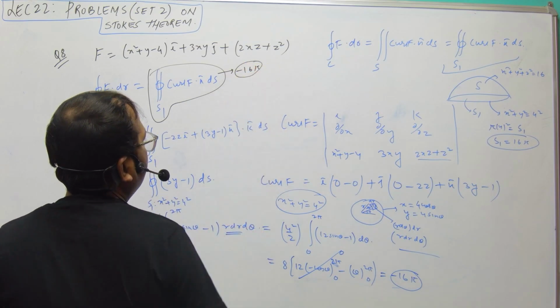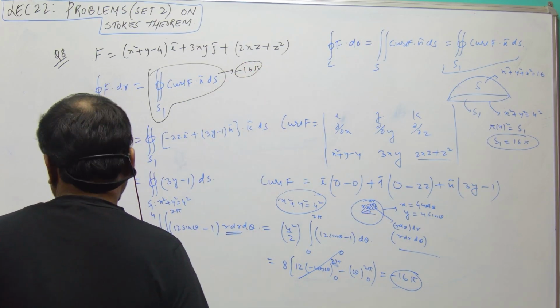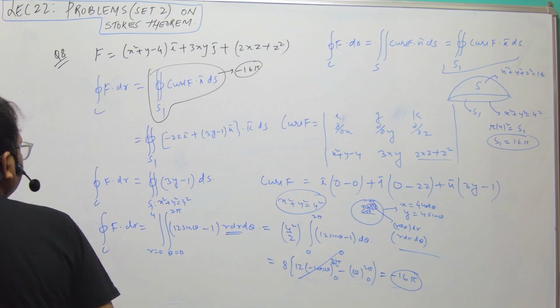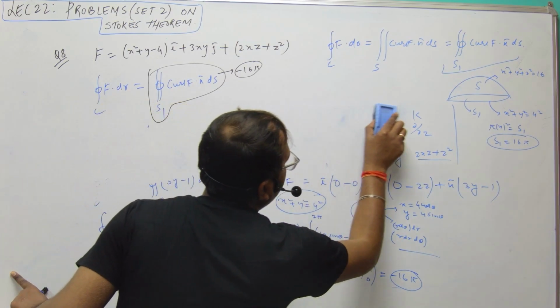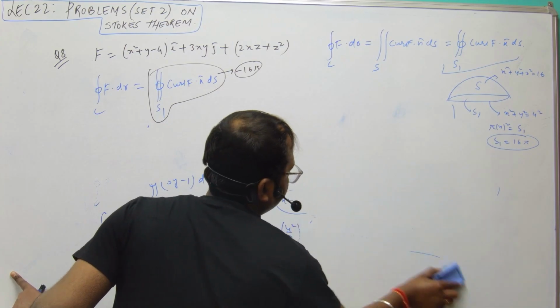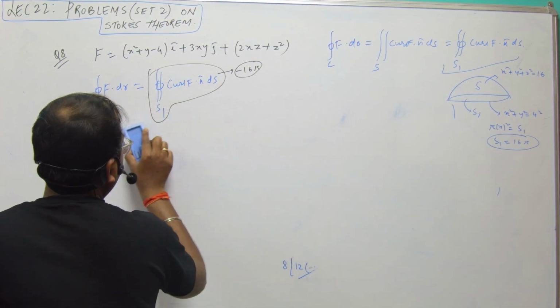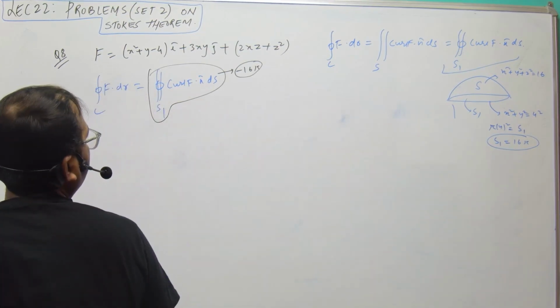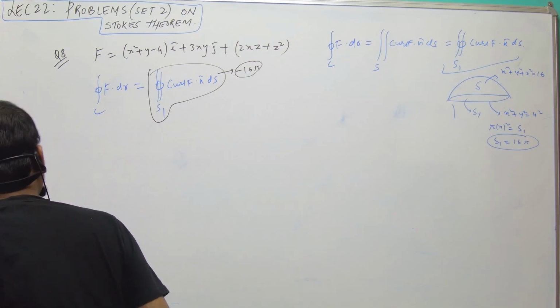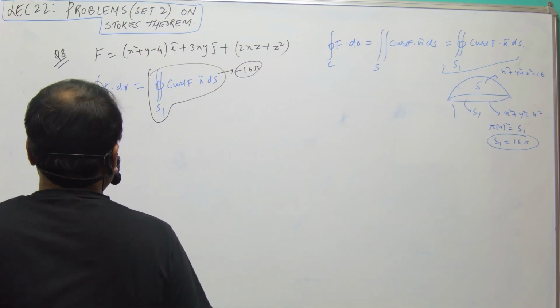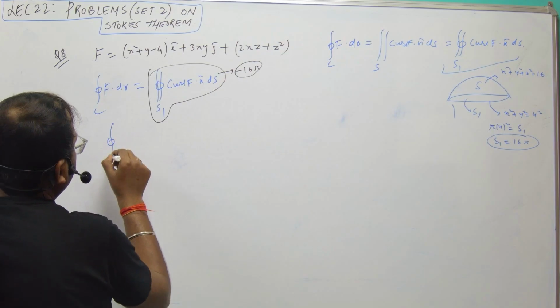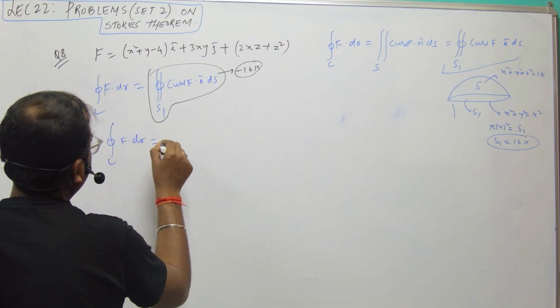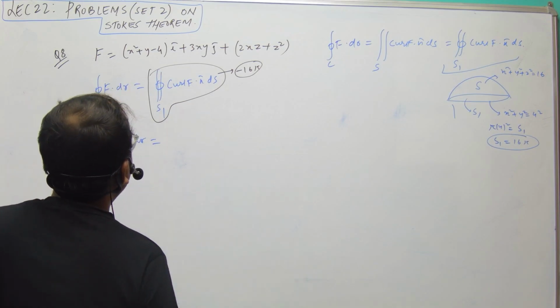Now let us find the value of line integral for verification. So we have along the curve C, f dot dr is equal to, let us write down the value of f.